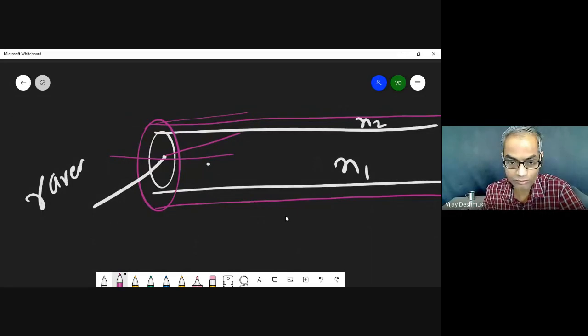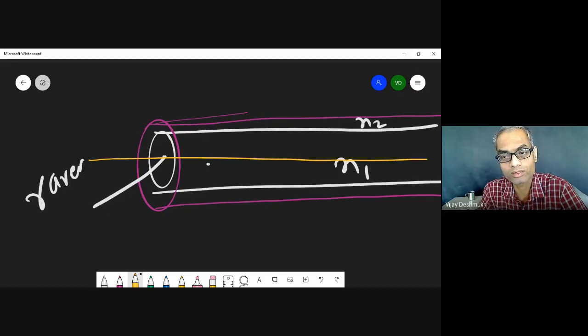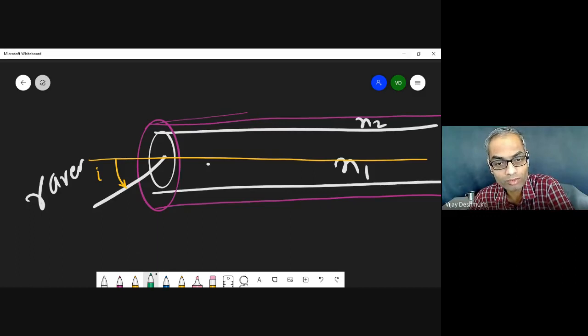Okay, now this is the angle. This is the incident light, and this is the normal. The angle from the normal will be the angle of incidence, I. Now, when it enters the optical fiber, it will not go in the same direction, but it will turn towards the normal.